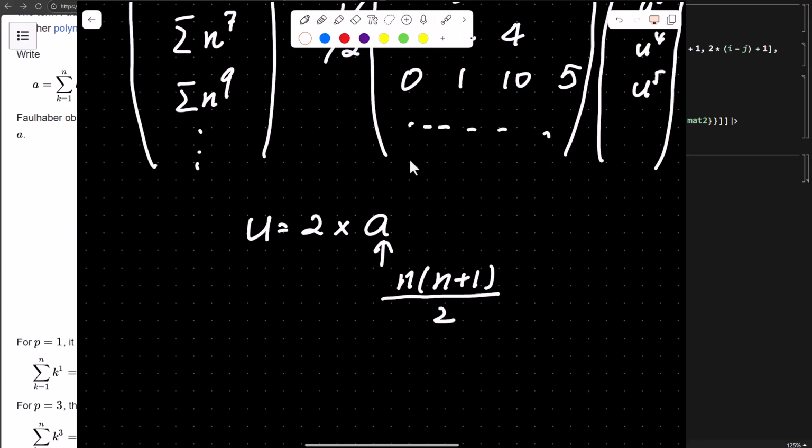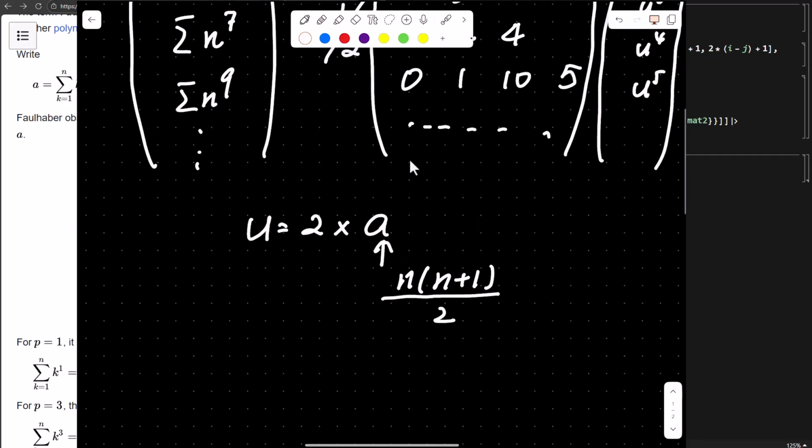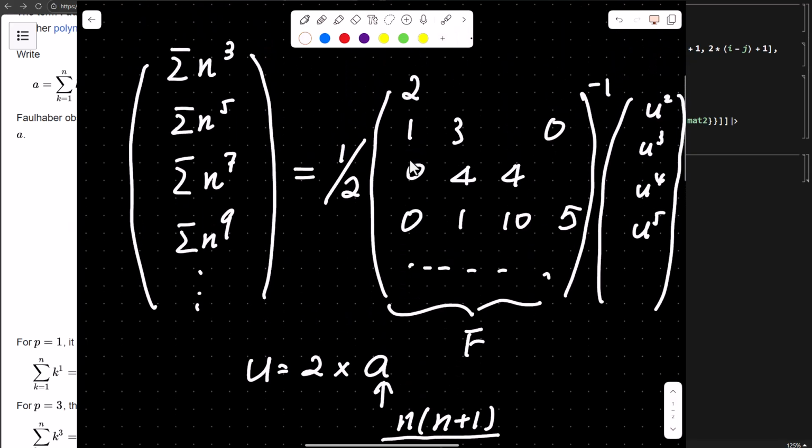Okay, and what's inside this matrix? We call this the F matrix, and here is F inverse. So F is just the numbers I list here, and then what we need is the F inverse.